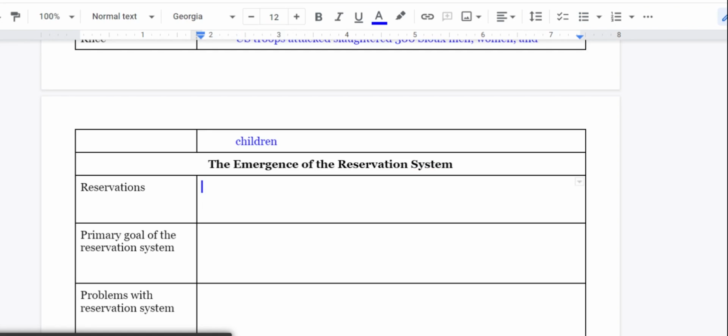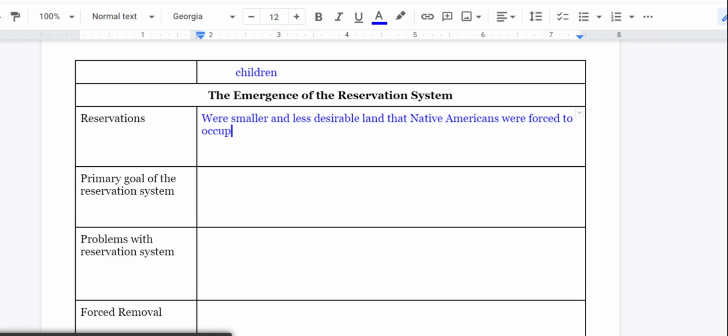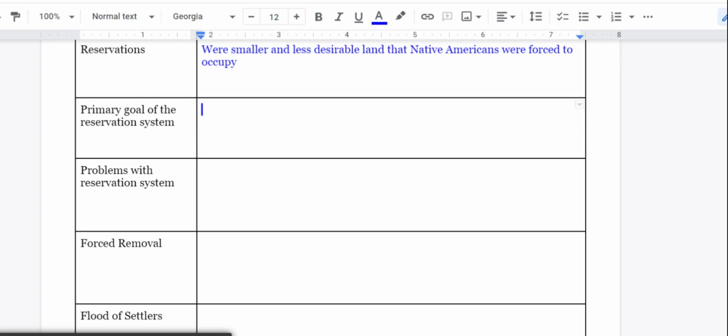So first off, what are reservations? Well, reservations were smaller and less desirable land that Native Americans were forced to occupy. So what was the main goal of this reservation system?